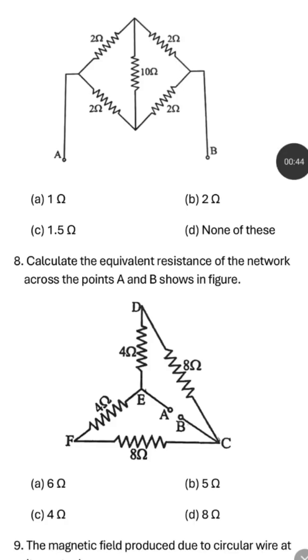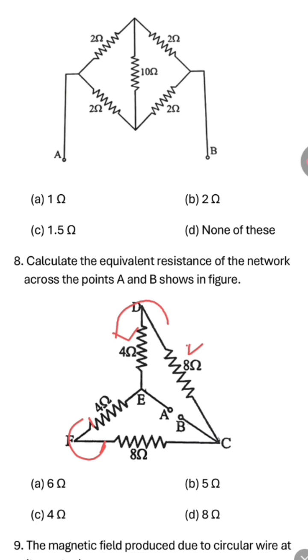Now let's focus on question number 8. Here we find that this 8 ohm resistor and this 4 ohm resistor are connected end to end, that is these two resistors are in series. In the same way these two resistors are also in series.